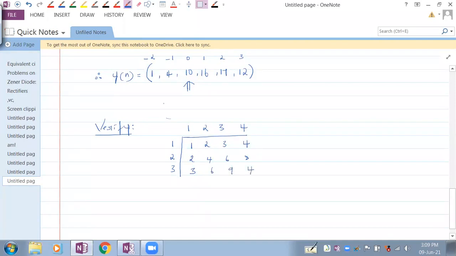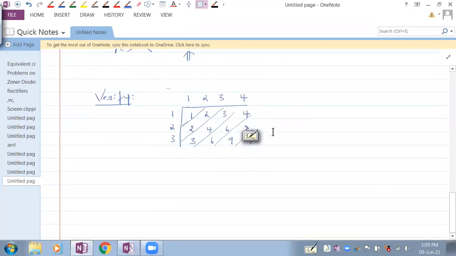Fine. After you do this, now just go on grouping this. This is one group. This is the second group. This is the third group. Then fourth group, fifth group, and sixth group. Fine. Add. If you have multiple numbers in one group, add them up.